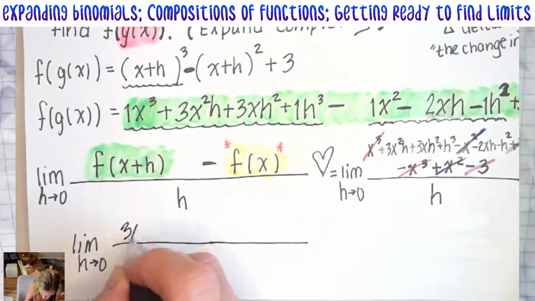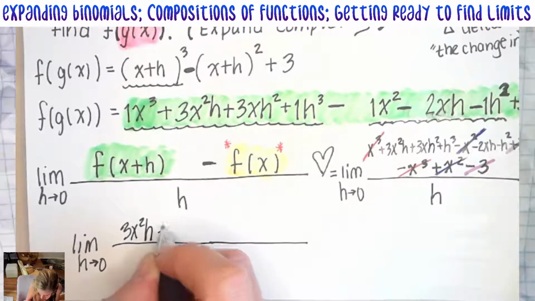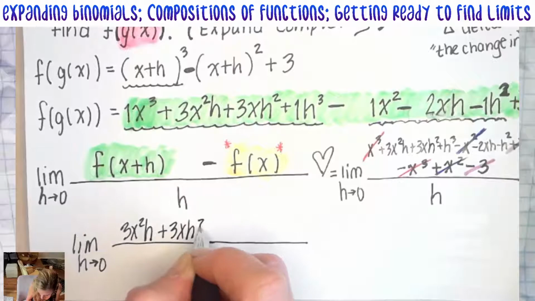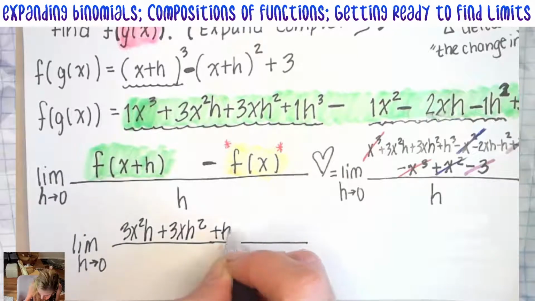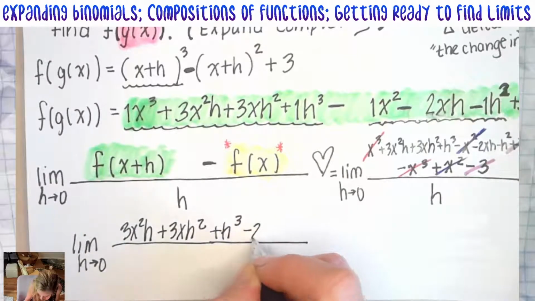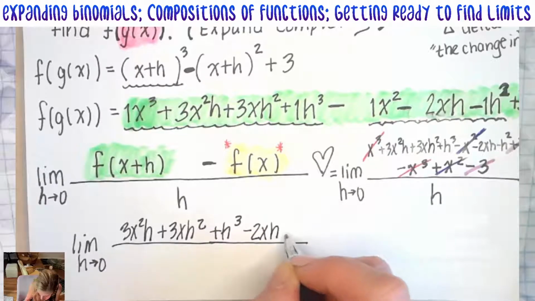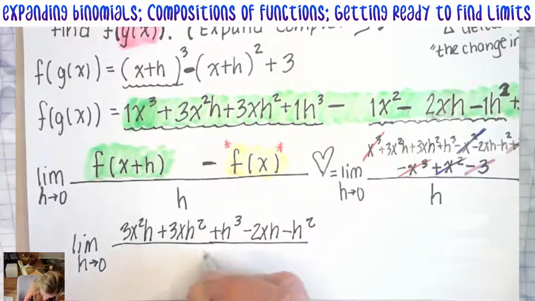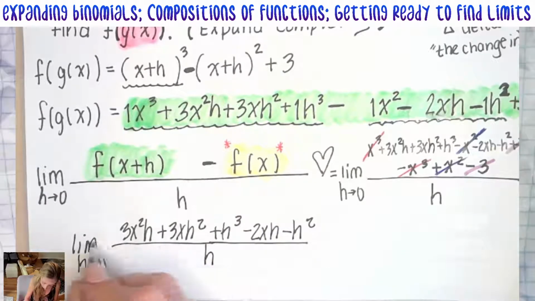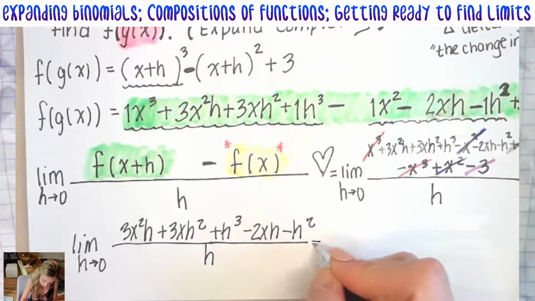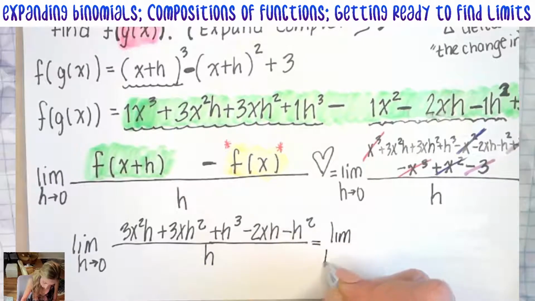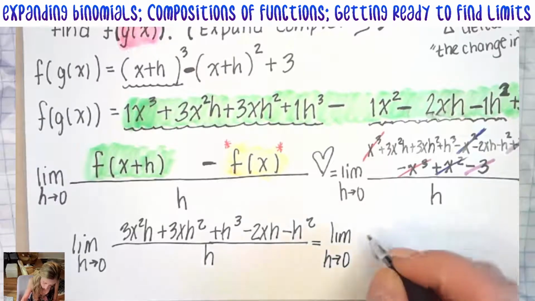3x squared h plus 3xh squared plus h to the third minus 2xh minus h squared all over h. What does everyone on top have in common? They all have h.